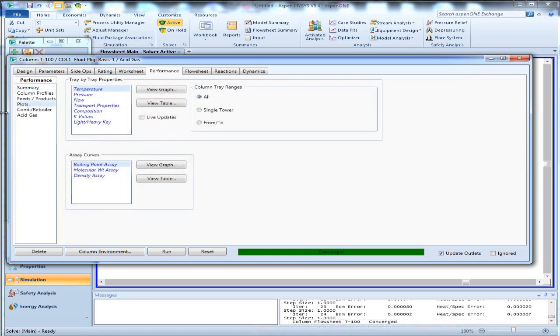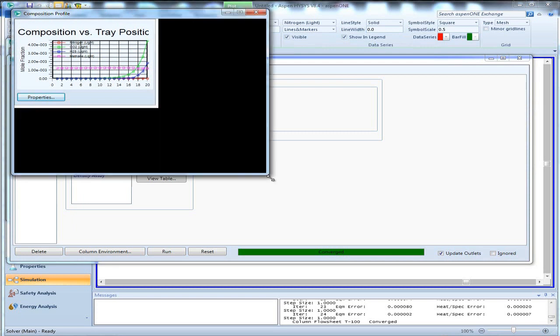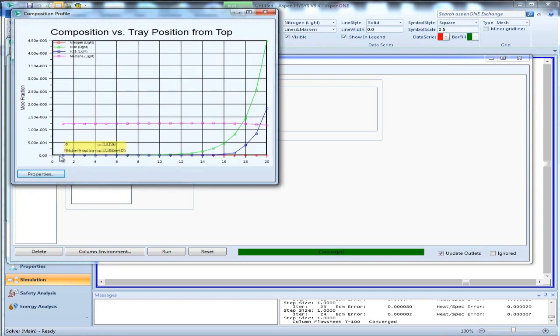Anything else we can do? Yes, we can plot between the component and we can take a look at the component. Let's see. From here, this is the tray number, and this is the mole fraction of what we are looking for. The colors that we are considering are the blue one and the green one.